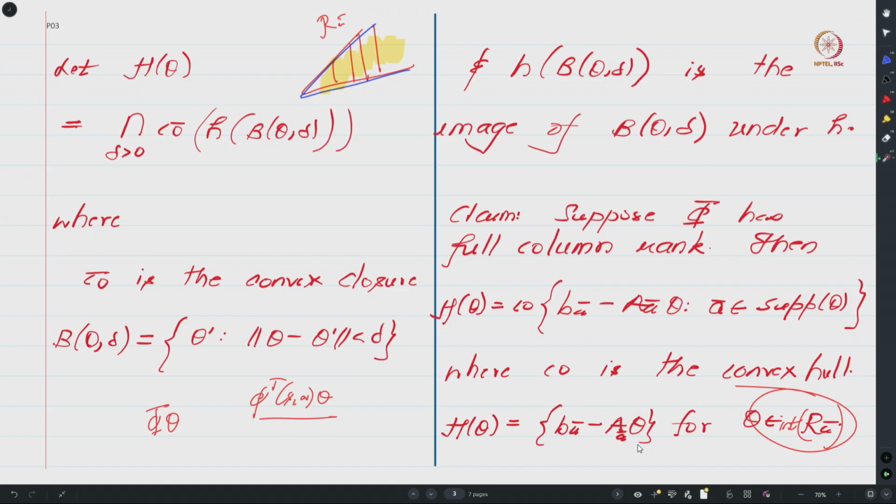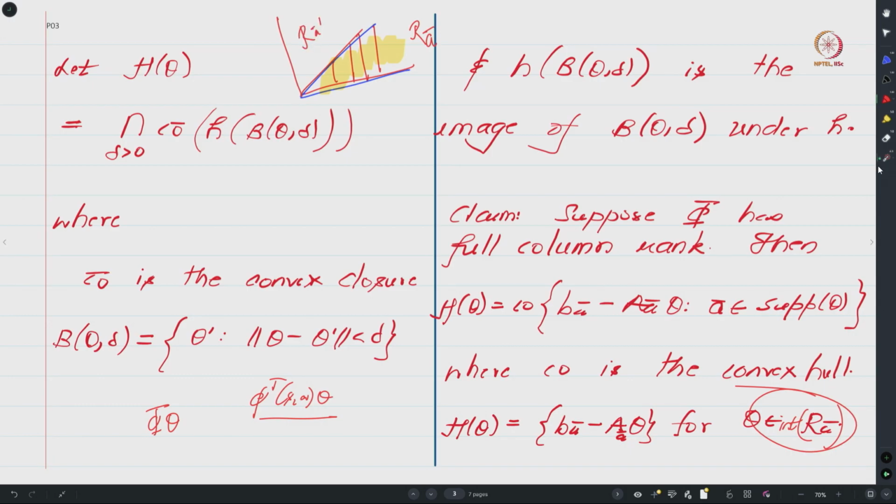So in other words, what we have done using this H theta definition is that if you take two different cones, let me name them appropriately. So this, let's say, is R A bar, and let's say this is R A bar prime.